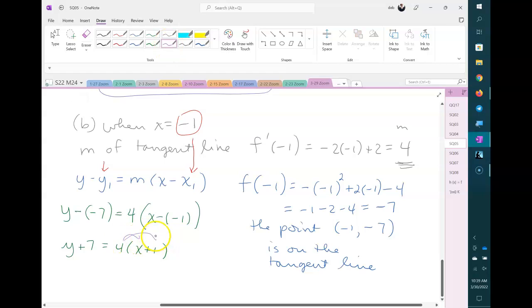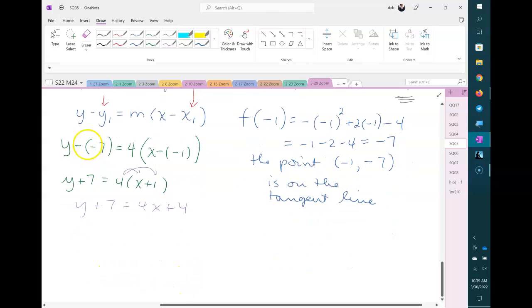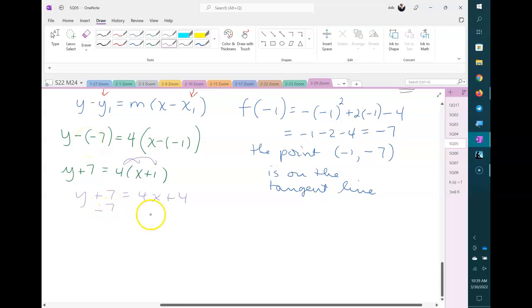Then I'm going to distribute this 4, get y plus 7 equals 4x plus 4. Subtract 7 from both sides and get y equals 4x minus 3. This is the equation of the tangent line.